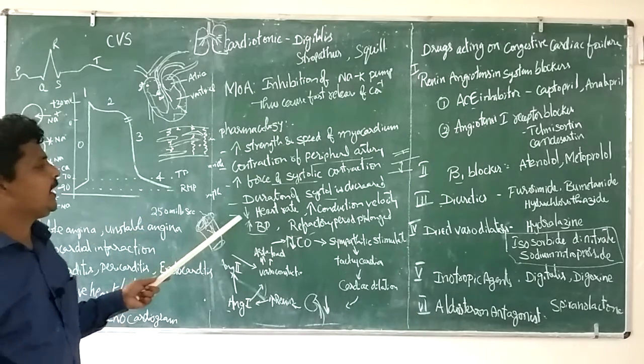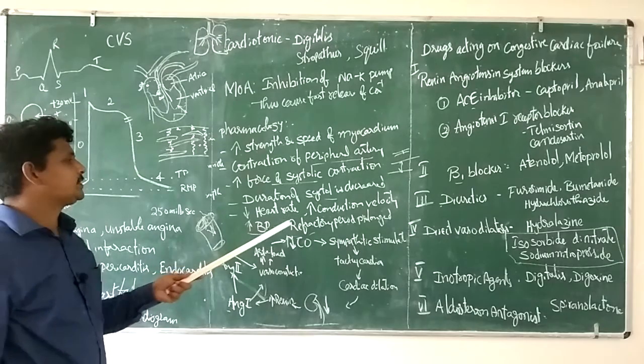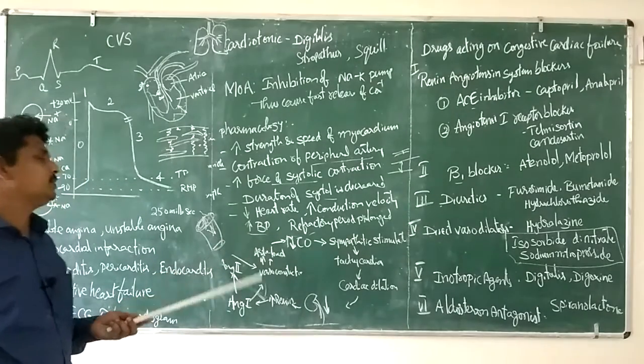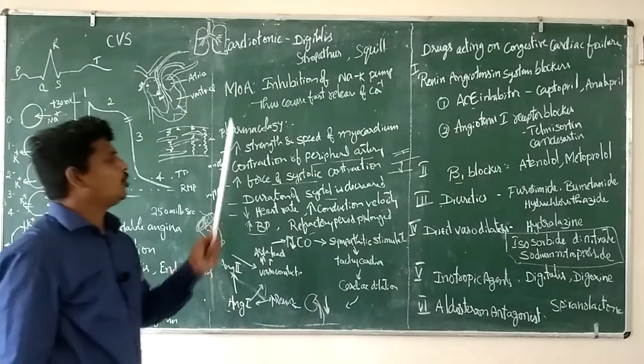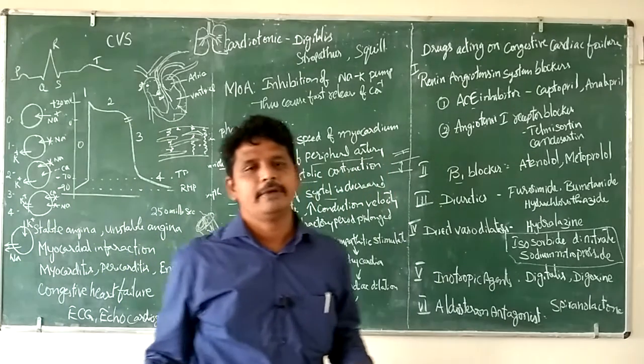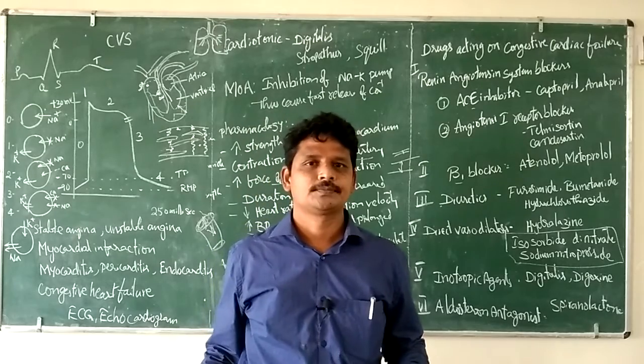Next, it decreases the heart rate, increases the contraction velocity, increases the blood pressure, and the refractory period is prolonged. So this is the normal pharmacology that can be seen with these cardiotonics.